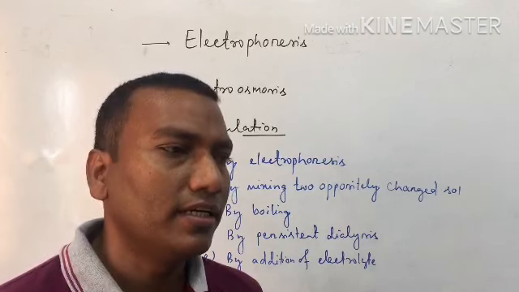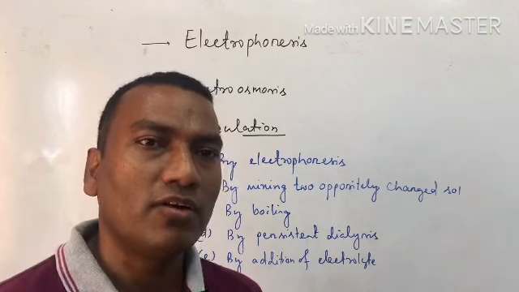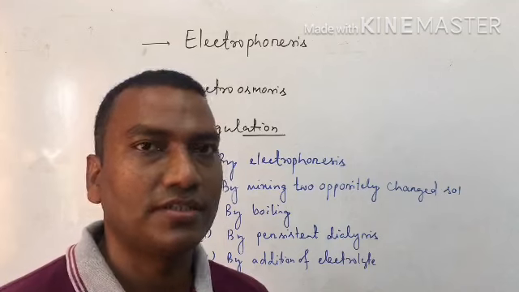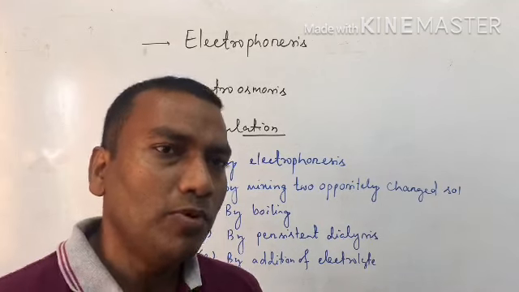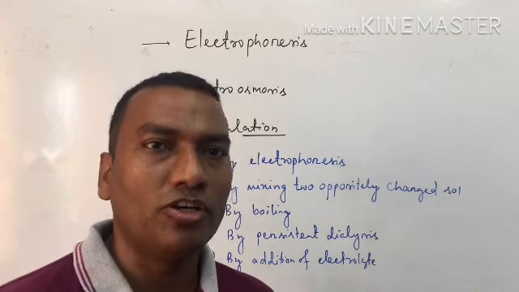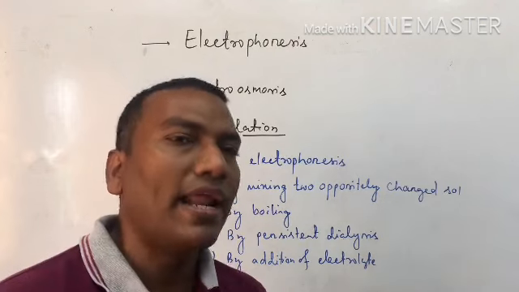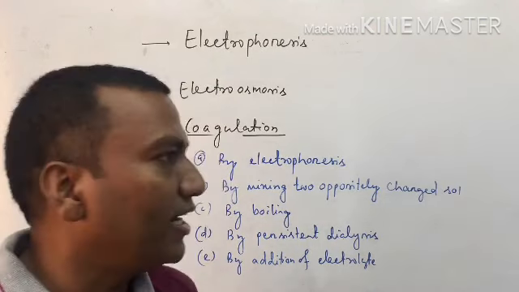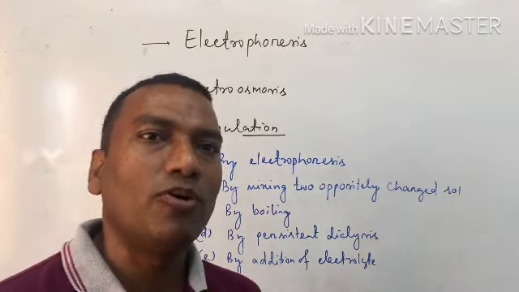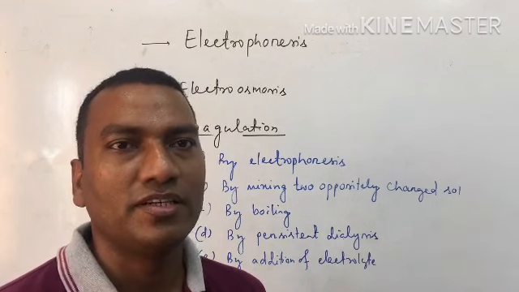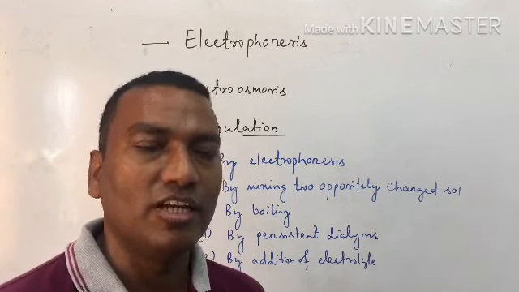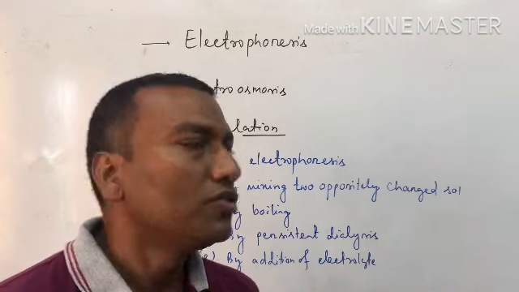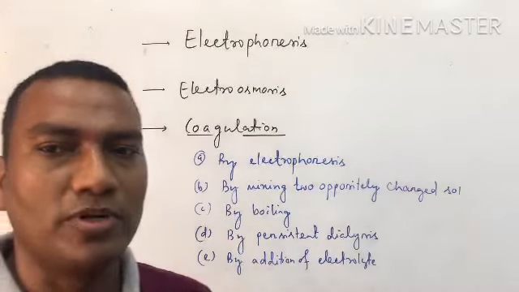Last class we read that the colloidal particle has some charge. If you dip two electrodes in it and apply electricity from outside, then migration of the colloidal particles takes place towards the oppositely charged electrode. So this is the meaning of electrophoresis.